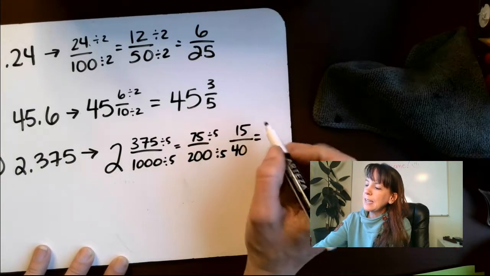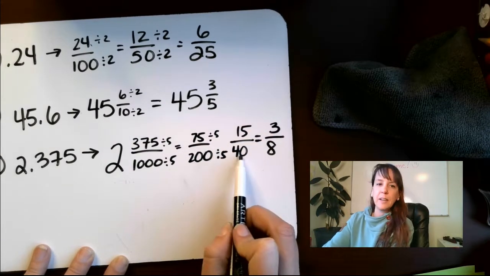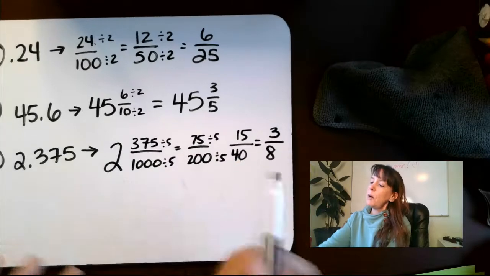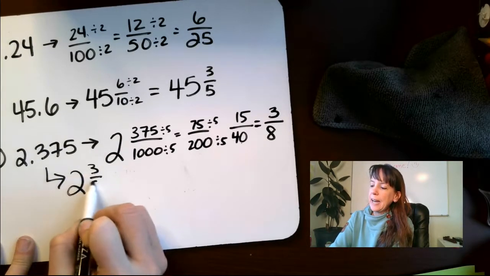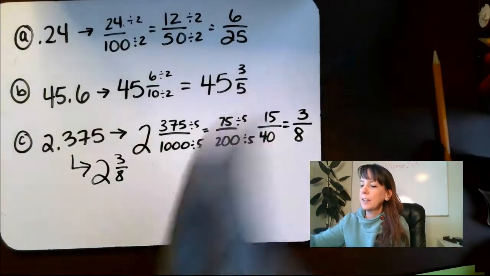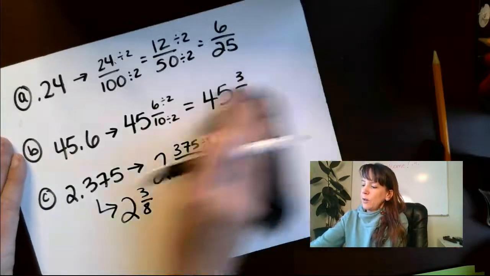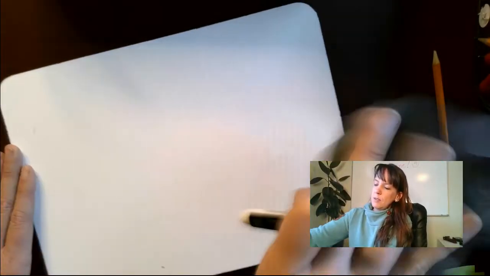Again, we got to divide these guys by 5, and I end up with 3/8 with an 8 on the bottom. So come all the way back over here. The answer is 2 and 3/8. You got to get real good at reducing those fractions, guys. I've been harping on that since the beginning. Reduce those fractions. All right. So that was C. Let's look at D.